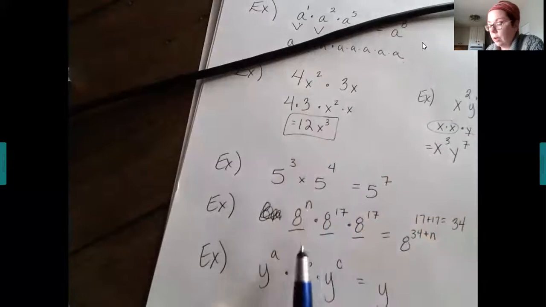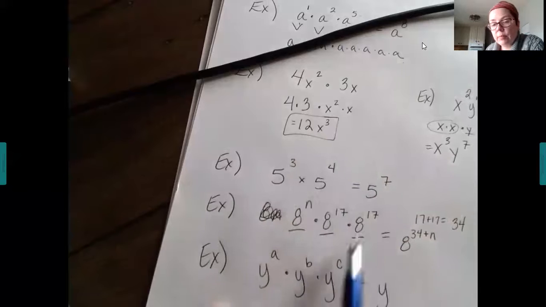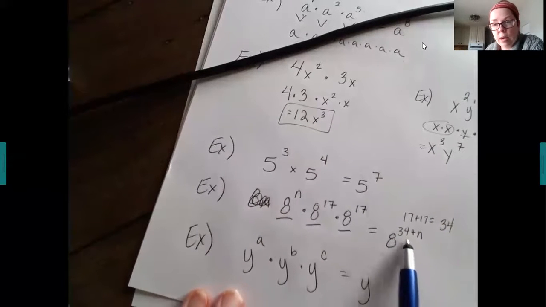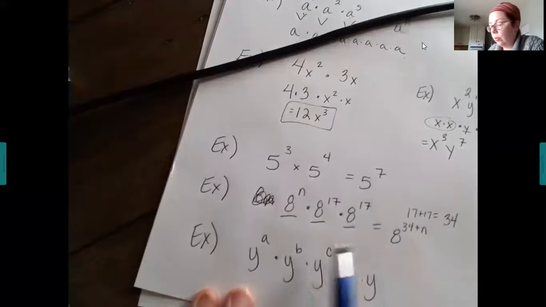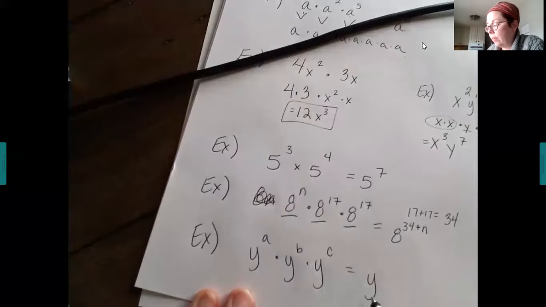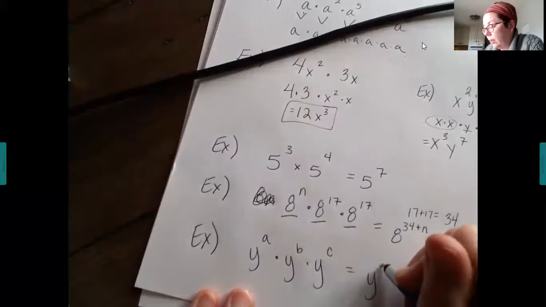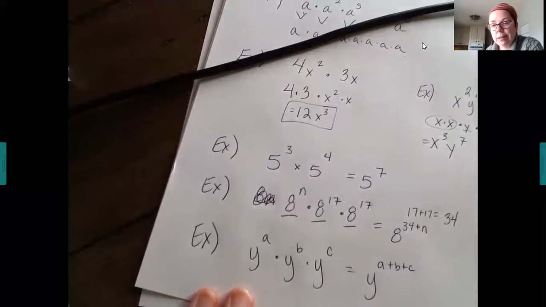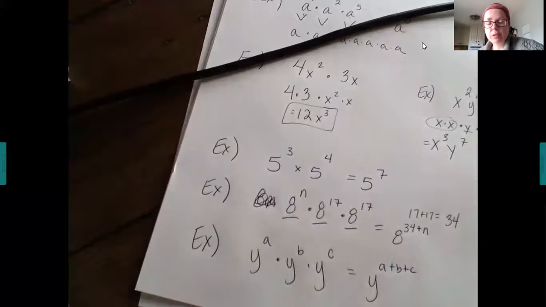We would get 3, or 3 and 4, we get 7. But they're not. So just like we did here, we just let it sit as this plus n. Then our final answer is y to the a plus b plus c. And that's it. Why they have those questions, I don't know. But they do.